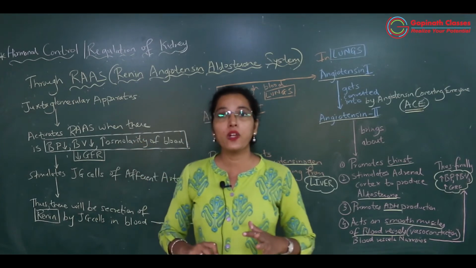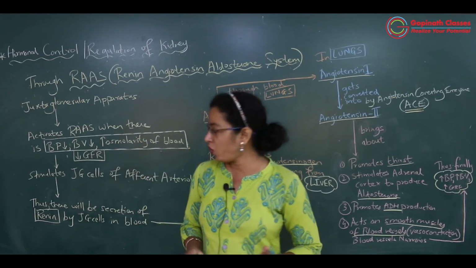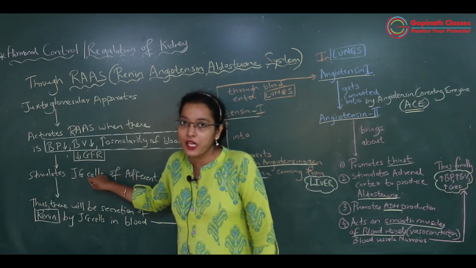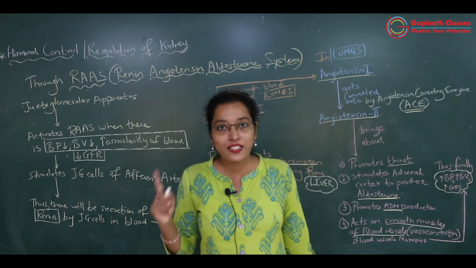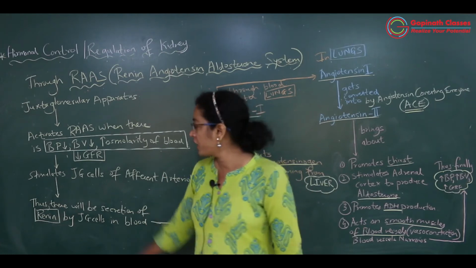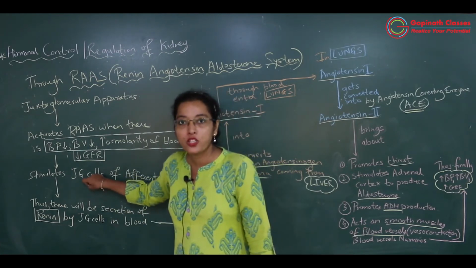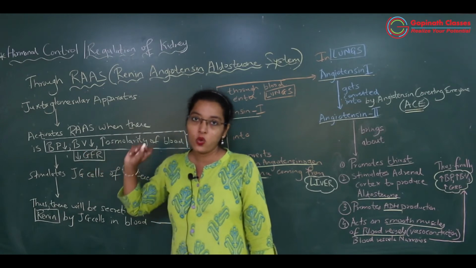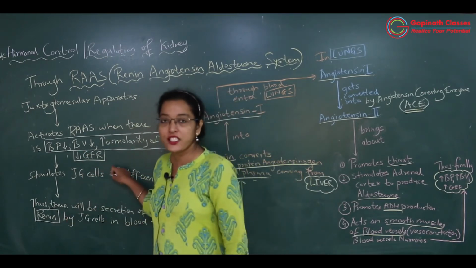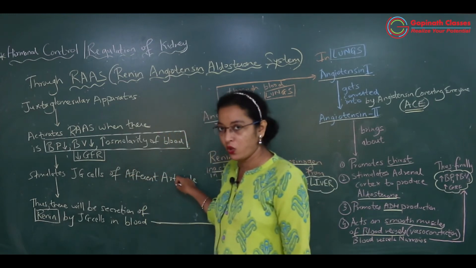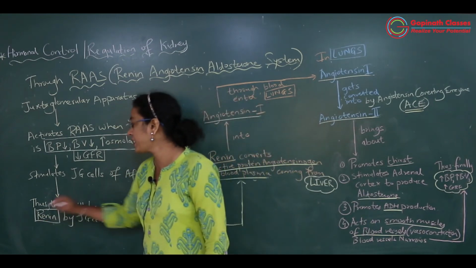The JG apparatus will get stimulated. In the JG apparatus, there are JG cells. JG cells are the juxtaglomerular cells of afferent arteriole. These will get stimulated to produce renin. So renin will be produced by the JG cells of afferent arteriole.